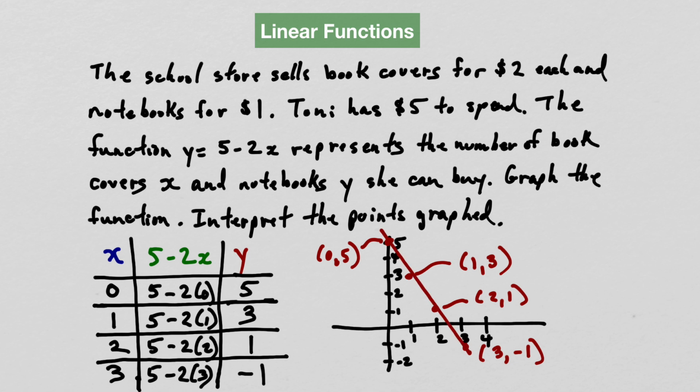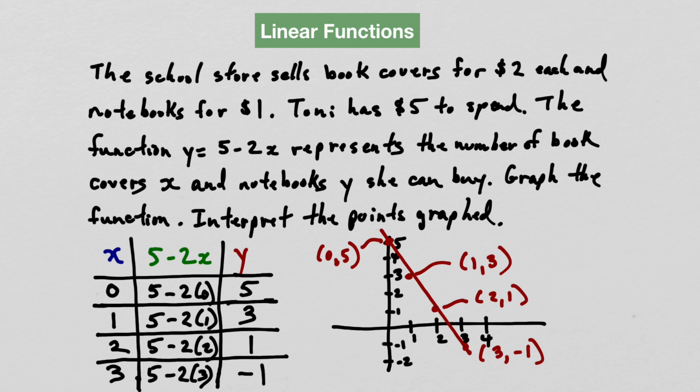It's a straight line. Okay. Now, what is interesting is that the last coordinate, 3, negative 1, tells us that if we buy 3 book covers, we can afford to buy negative 1 notebooks.